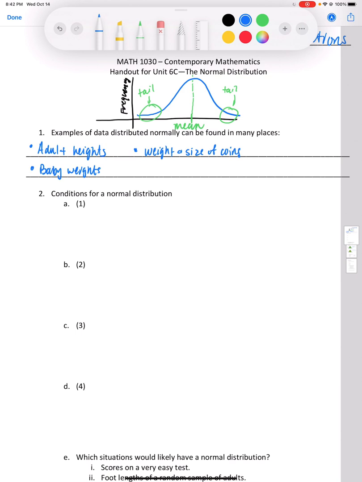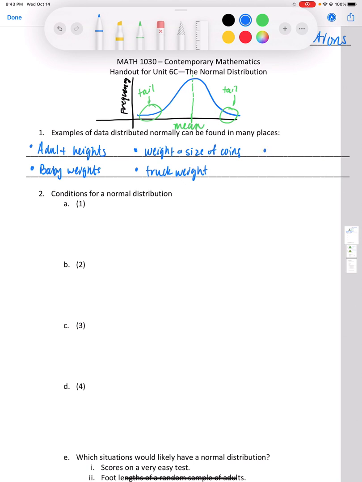And so when they are manufactured, there's some that are smaller and some that are larger than what the intended weight is. So weight of coins is one. Things like in manufacturing, like a truck weight. Trucks of a certain kind of truck will vary a little bit based off of little differences in their manufacturing.